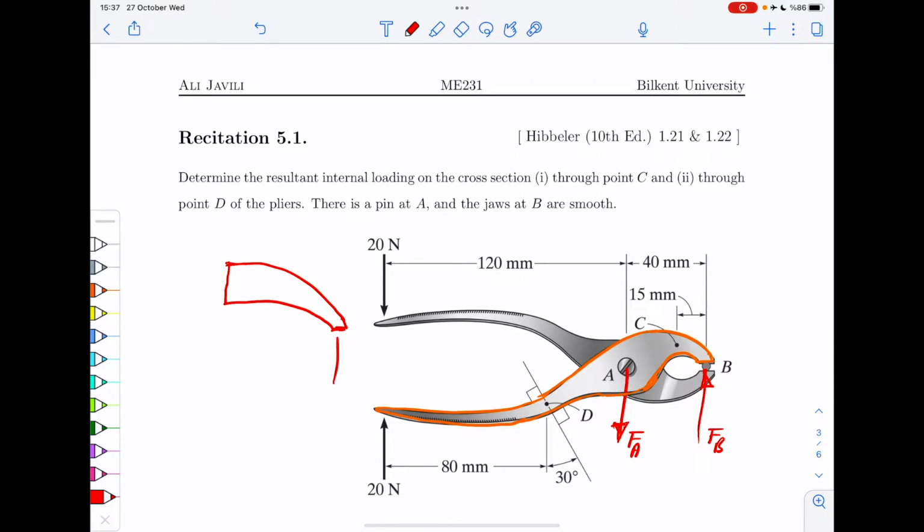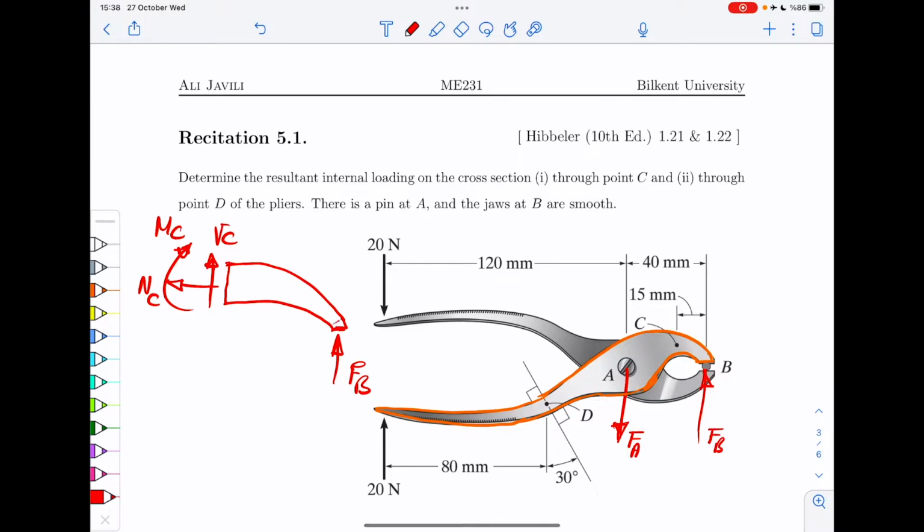Now, at this point, you have a force FB, and here, at the end, you have NC, that's the normal force. Then you have the shear force, and you have a moment at C that is counterclockwise.